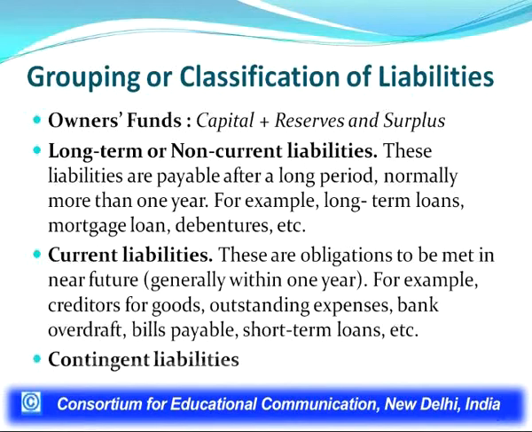But there is one more category of liability, that is contingent liability. Although you won't find it as a part of the balance sheet, it is shown as a footnote, that is, separately outside the balance sheet. This is a very important liability. What is a contingent liability?